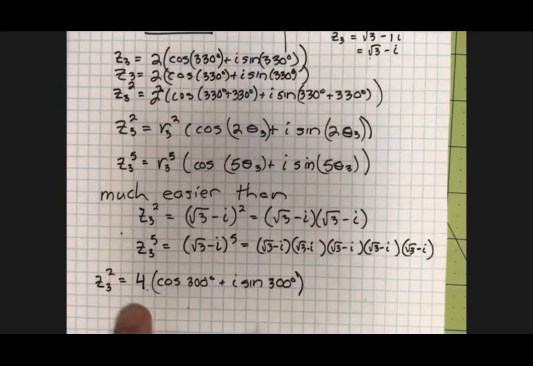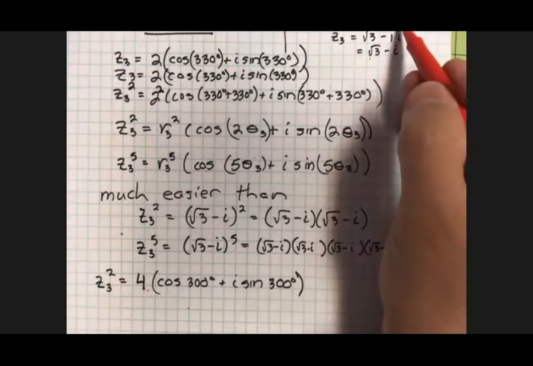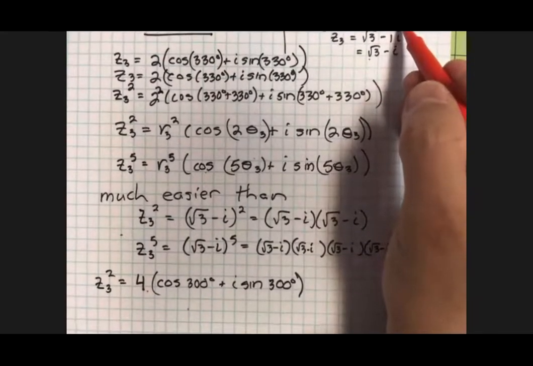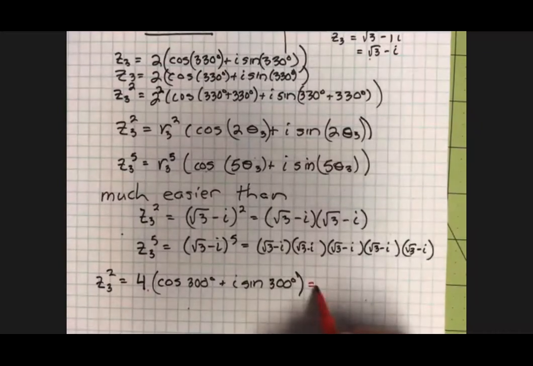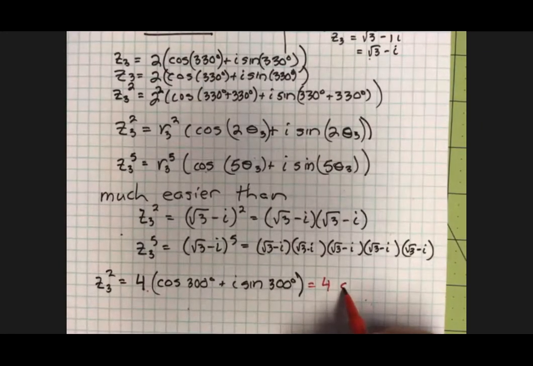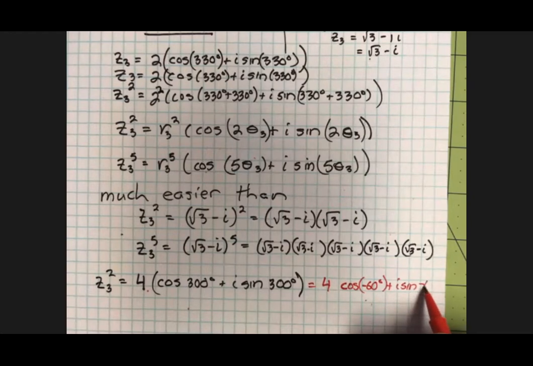I'm going to pull in the calculator in a second to show you that this is correct. If you wanted to use the minus 30 and double the minus 30, you'd also be okay. You would write your answer as 4 cosine minus 60 degrees plus i sine minus 60 degrees.